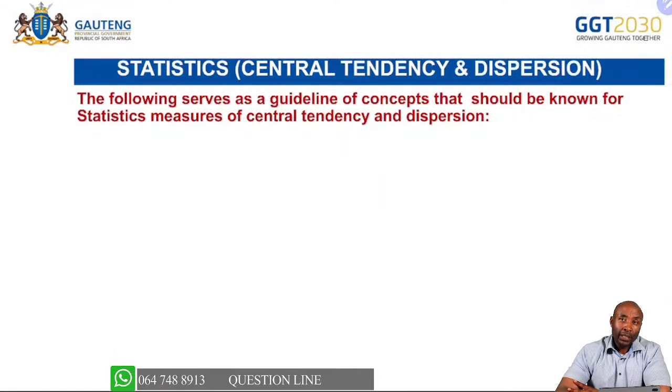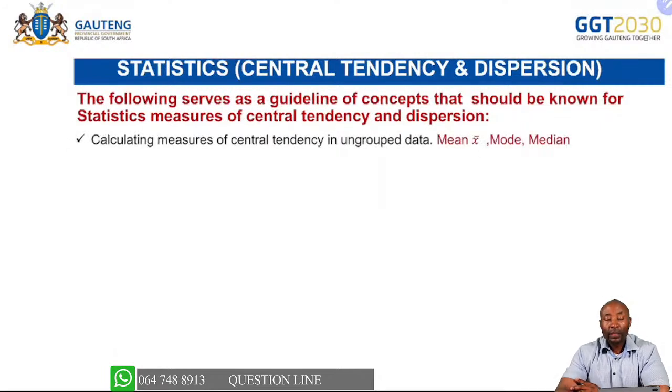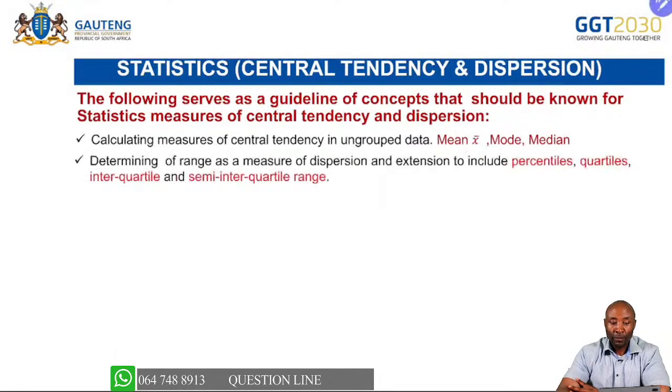These are the aspects that we need to go through. We should look at measures of central tendency. For grouped and ungrouped data, we have to look at the mean, the mode, as well as the median. For grouped data, we calculate our estimated mean and our estimated median.